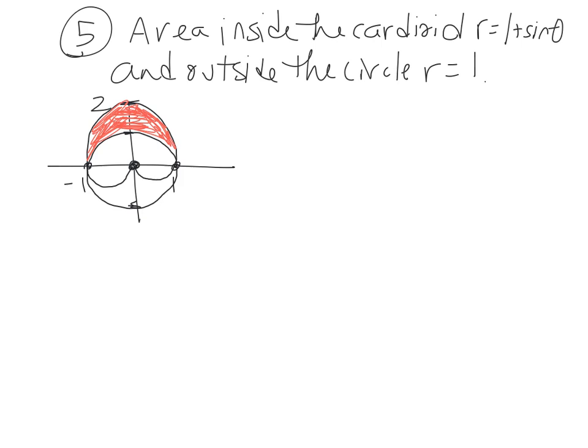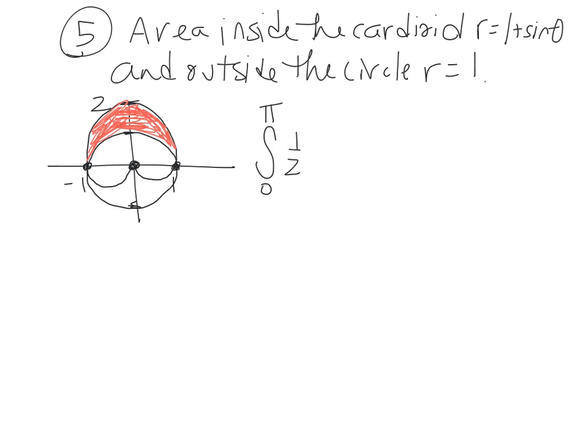So this is the one where we're going to use that formula where we subtract the two r's in the equation. We want to see what is the theta for each intersection. Well, I can see clearly from my graph that they intersect at 0 and pi. So that's an easy one. If you're not sure, of course, you set them equal to each other to find their points of intersection.